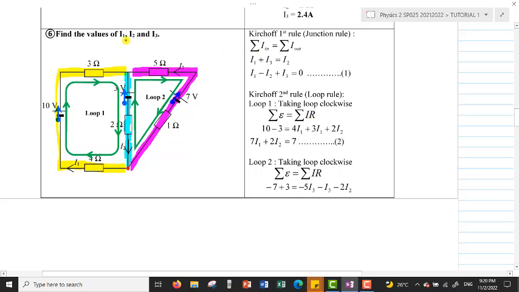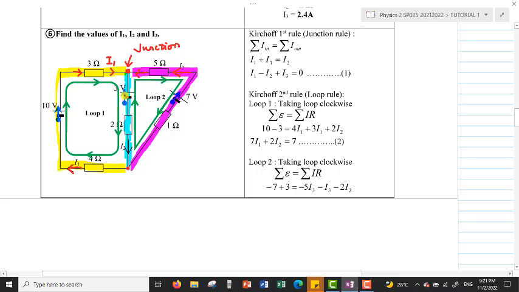Boys and girls, in order to solve this question, first we are going to apply Kirchhoff's first rule, the junction rule. Let's say I consider the junction here. I find that my I1 will flow into the junction. Same goes for I3: if I trace out the current I3, it will also flow into the junction.